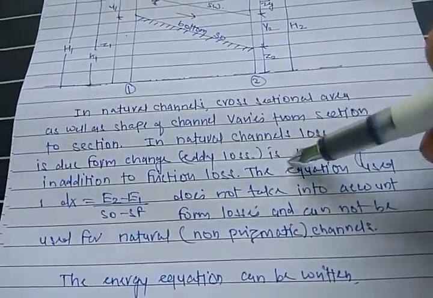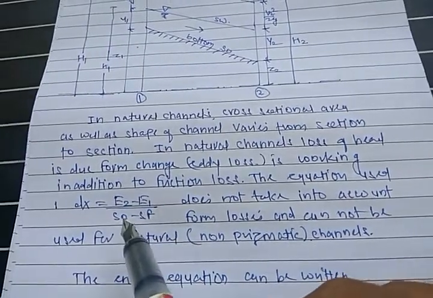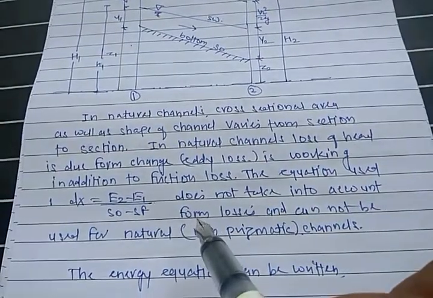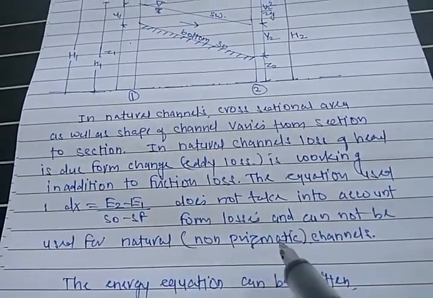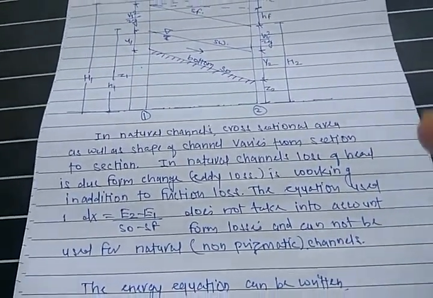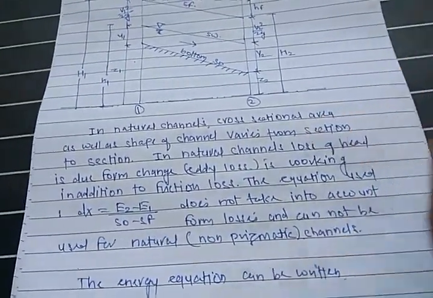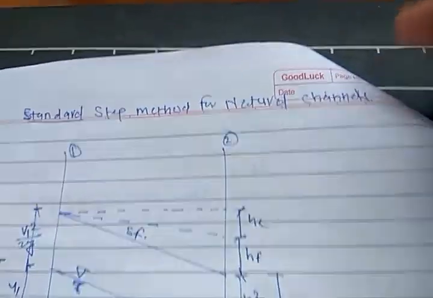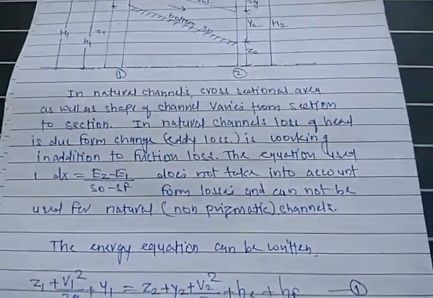The equation used in the earlier method, the direct step method, dx is equal to E2 minus E1 upon S0 minus SF. This does not take into account eddy losses and hence cannot be used for natural, that means non-prismatic channels. So this theory is important as a comparison between the standard step method and the direct step method. The standard step method can be used for natural channels, whereas the direct step method cannot be used for natural channels.